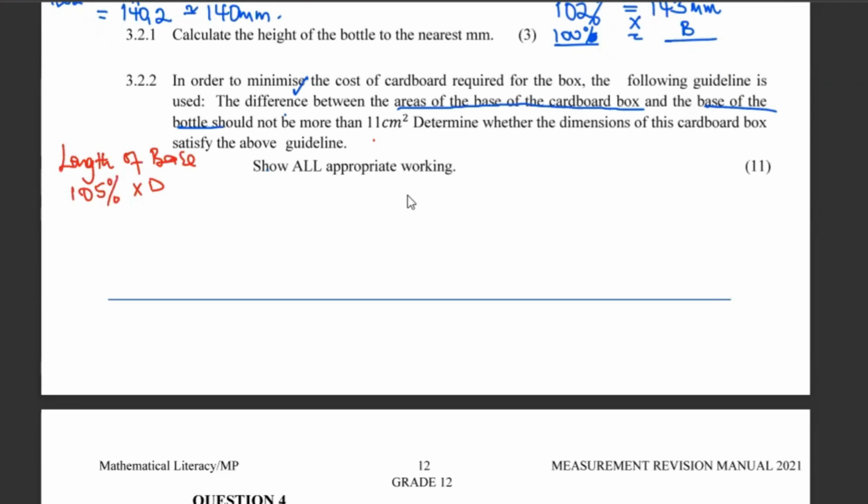So here we say 105 over 100. Why am I putting it over 100? Because of the percent sign, times the diameter, which was what? 58. Do that for me.